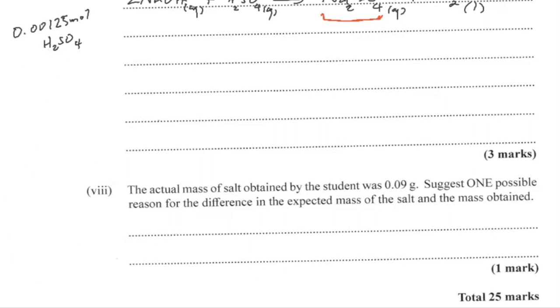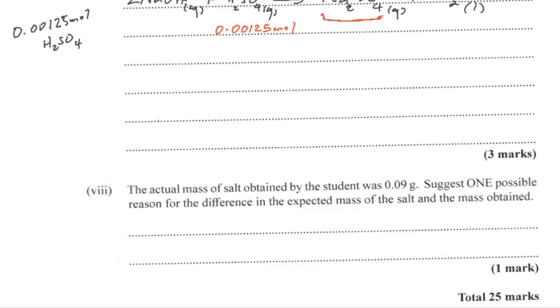And we determined that we have a set number of moles of it from the 25.05 cm cube volume that was used. So if we have 0.00125 moles of sulfuric acid, we can use the mole ratio of how the acid reacts to form the salt to actually determine the number of moles of the salt that we'll actually get.